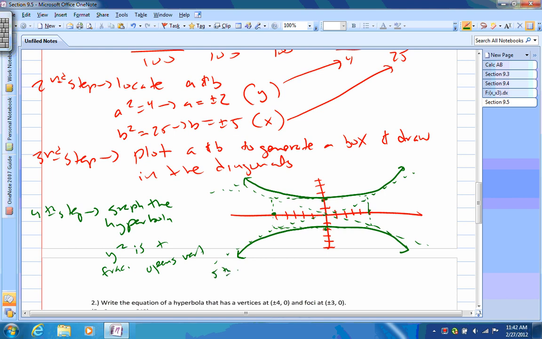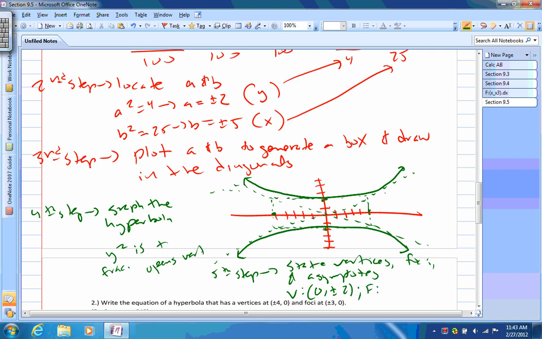And then the fifth step, state the vertices, the foci, and the asymptotes. Well, that should be easy. V is going to be 0, plus minus 2.